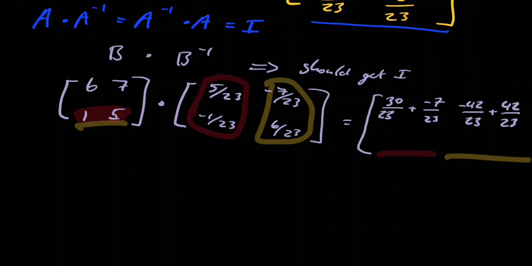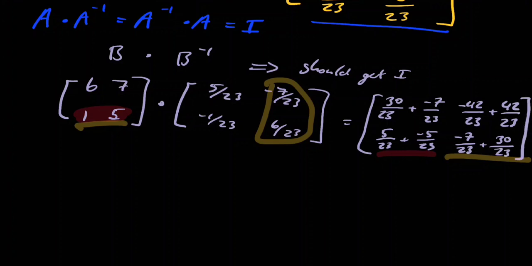And so this is 5 over 23 plus 5 times negative 1, which is negative 5 over 23. And then with the second column, we have negative 7 over 23 plus 5 times 6, which is 30 over 23.